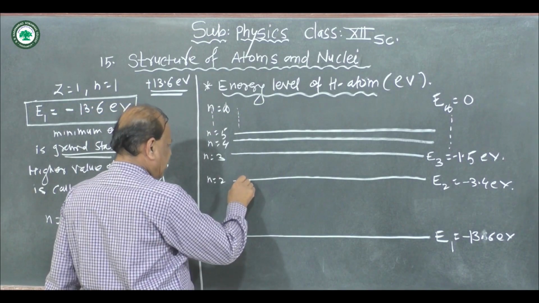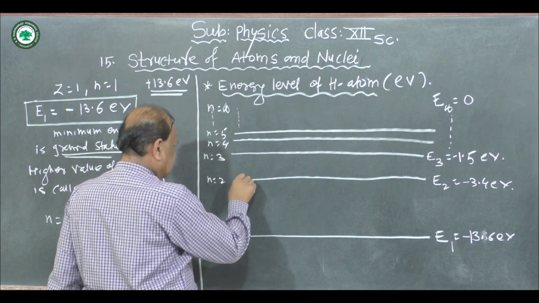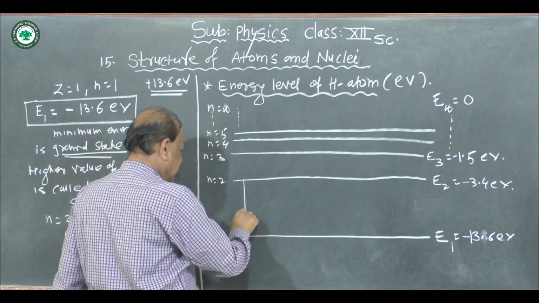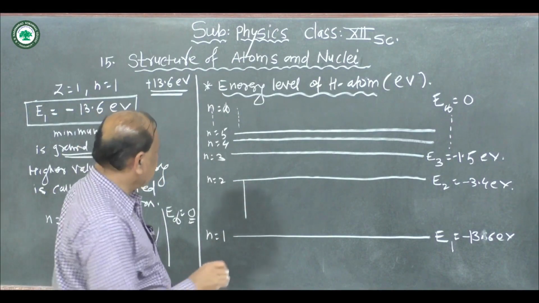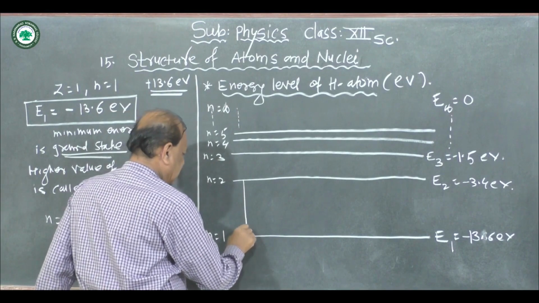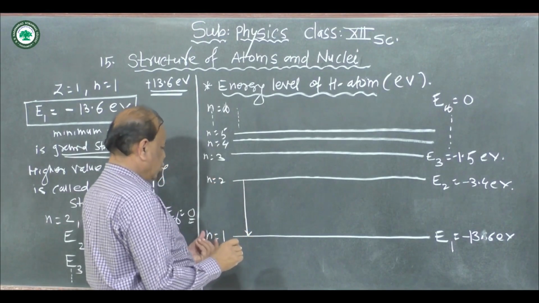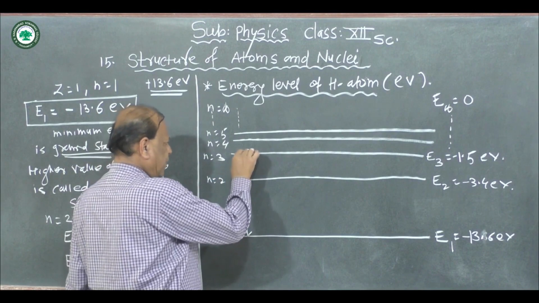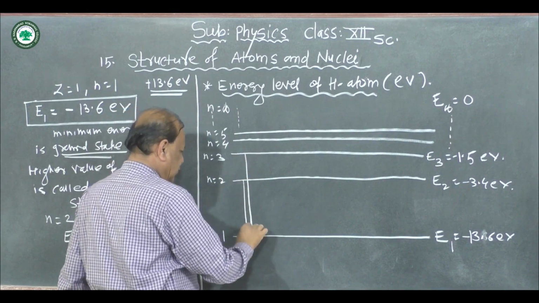Now the transition of electrons is like this one, to n equal to 1. Then the next one like this one.